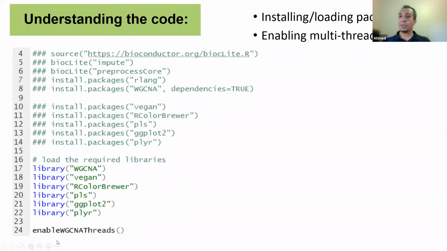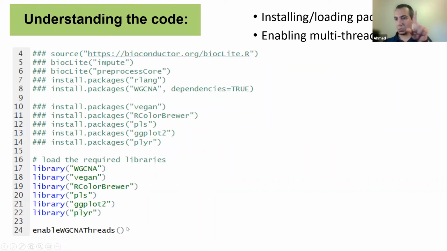One more thing, that is not necessarily something you will have if you just run WGCNA, and it will severely limit the machine's capabilities if you go through the code without enabling multi-threading.